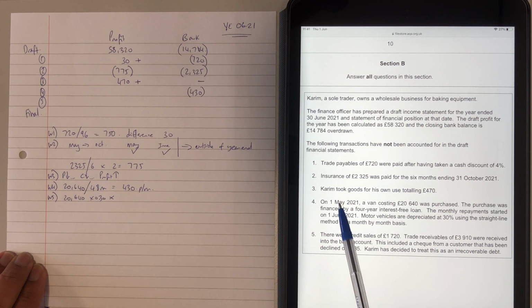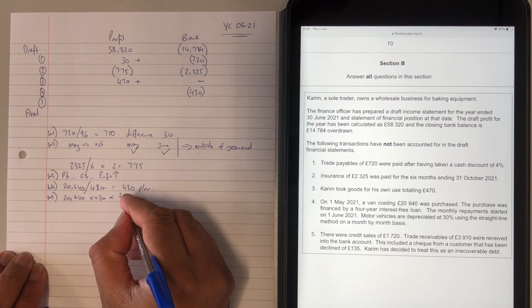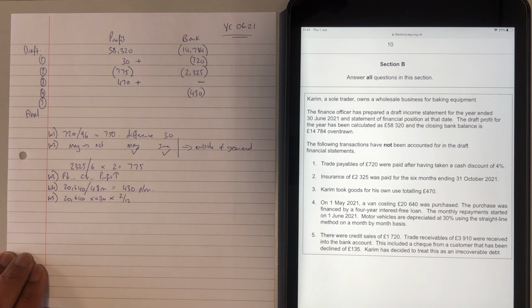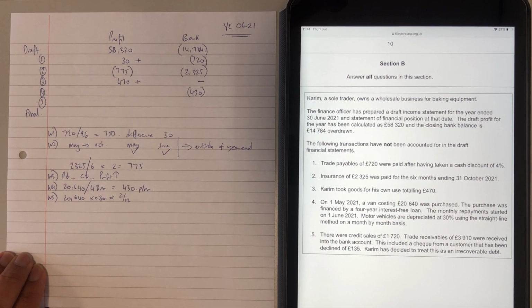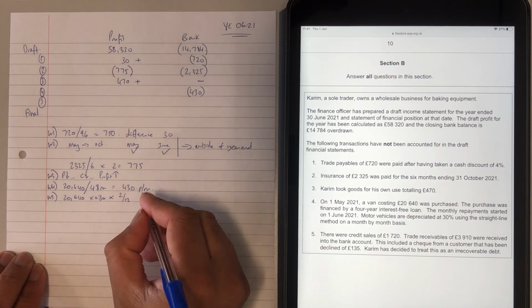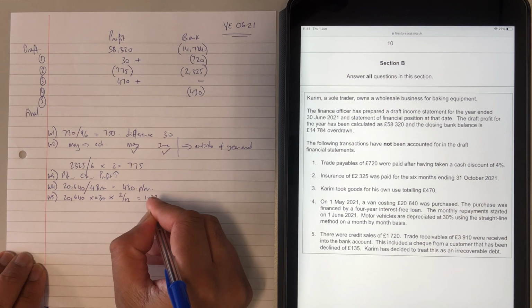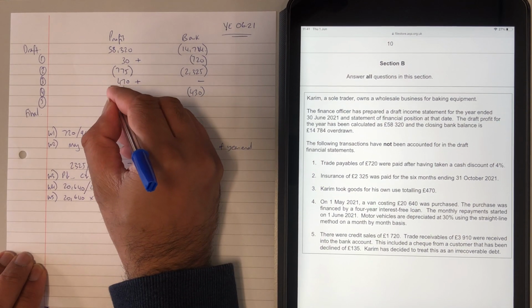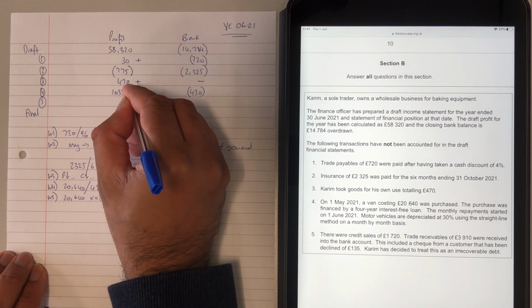We bought it in May, so month of May, depreciation. Month of June, depreciation. 2 months, times by 2 over 12. Times by 0.3, divided by 12 times by 2, 1032. And that's our depreciation, 1032.